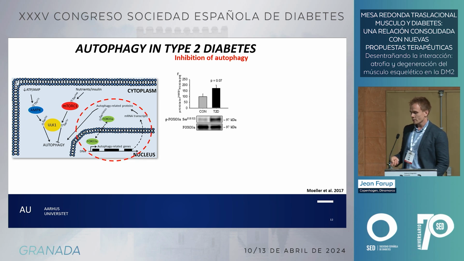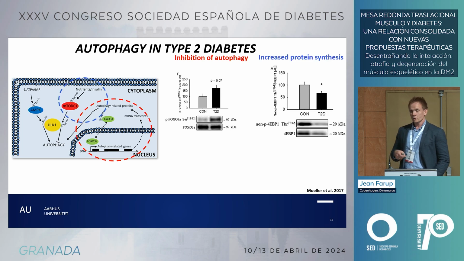So what we also noted was an increased phosphorylation of the transcription factor FOXO3A, and this inhibits it from translocating to the nucleus and transcribing genes involved in the autophagy process.